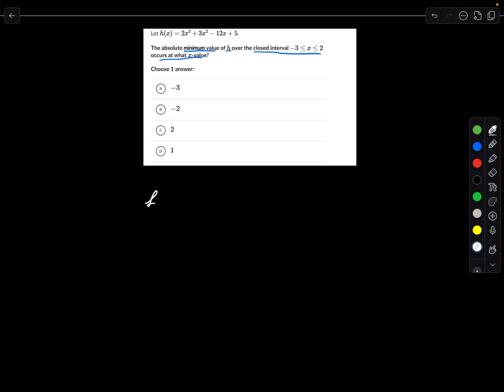We first find our critical points and then we determine whether they are local minimums or maximums, and based on what the question is asking for, then we pick our final answer. So h prime of x is equal to 6x squared plus 6x minus 12. All of it has to be equal to 0 so that we can know what our critical points are.